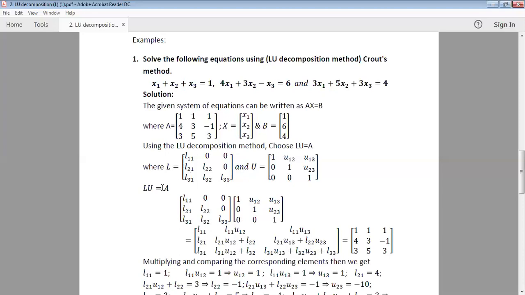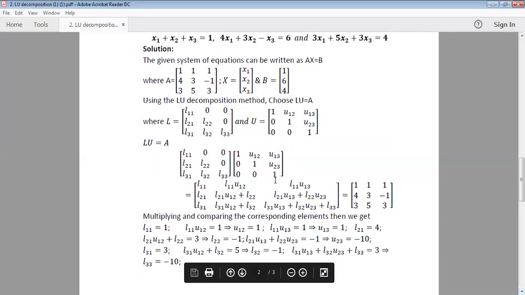Now LU equals A: L times the upper triangular matrix 1 U12 U13, 0 1 U23, 0 0 1, equals A, which is 1 1 1, 4 3 -1, 3 5 3. Now find the product of this lower triangular matrix and upper triangular matrix.